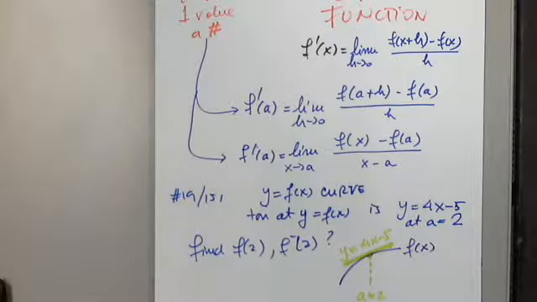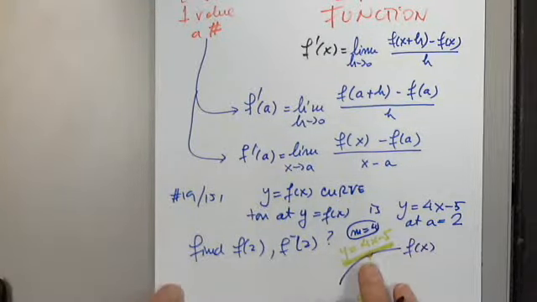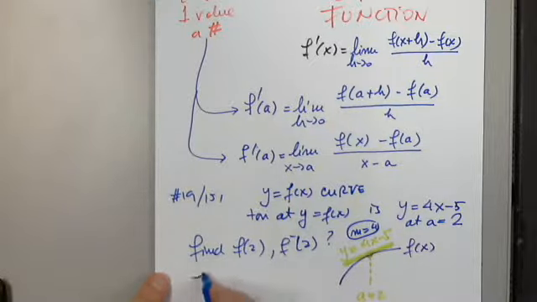Can anyone give us the slope of this line? Very good. The slope is 4. Do you all agree with the slope being 4 for the tangent line to the graph of f of x when x, or a if you want, is 2? Would you agree? Yes? So now I'm asking you, how much is f prime of 2?